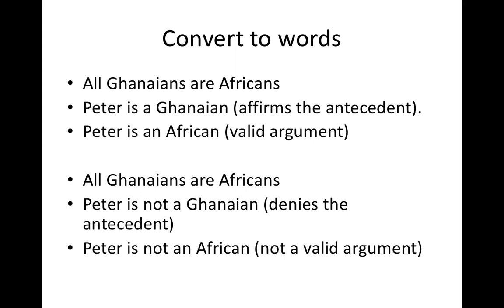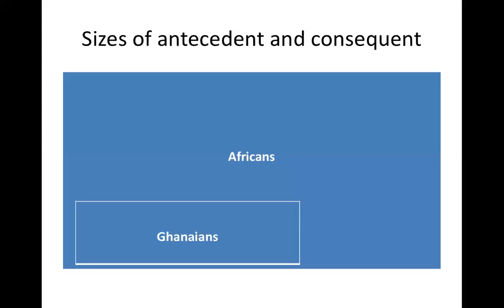Now, why is this argument not valid? We have to go back to the box again. We have the bigger box Africans, we have the smaller box Ghanaians. Now, if you say all Ghanaians are Africans, and you say Peter is not a Ghanaian, therefore he's not an African, is it a valid argument?